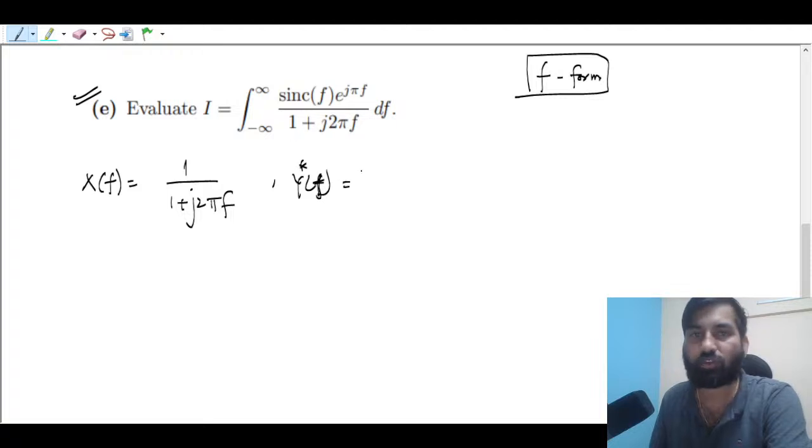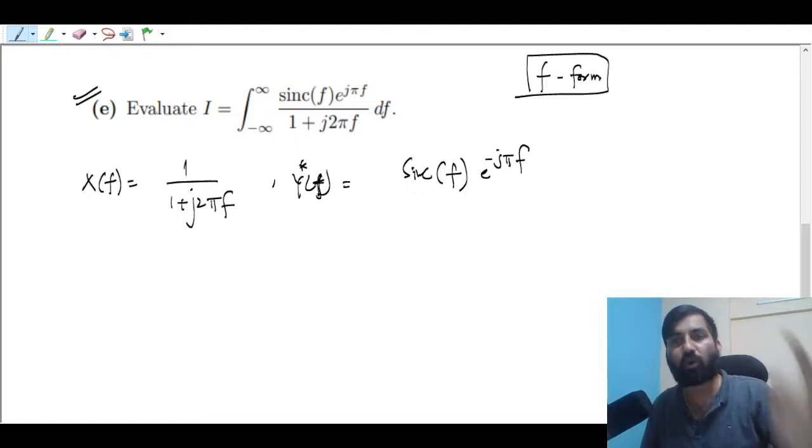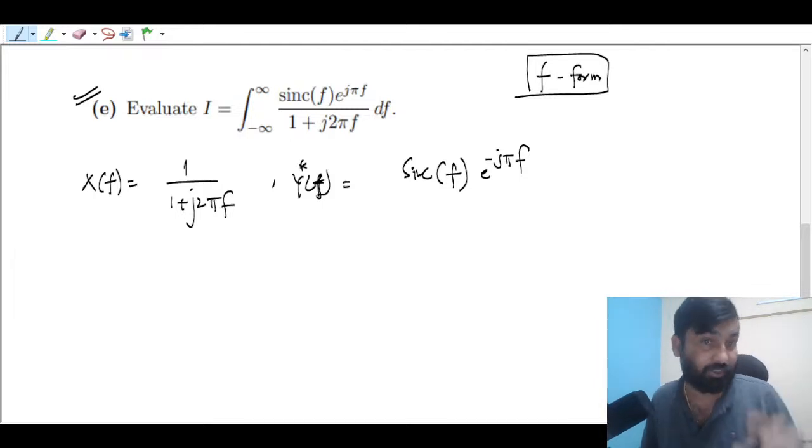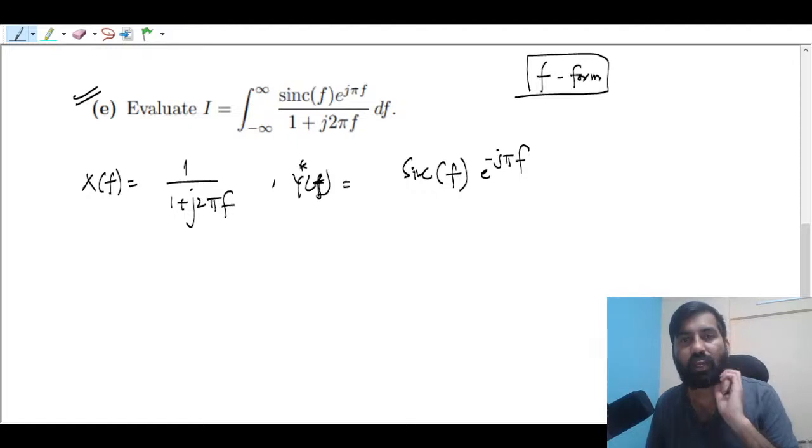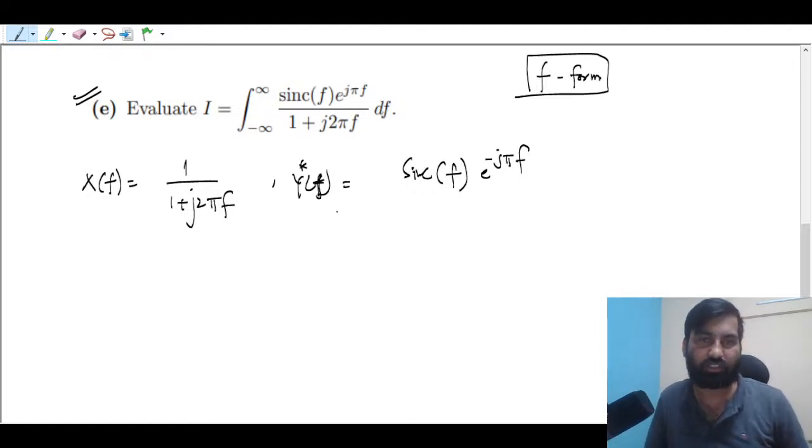So Y of f conjugate is going to be sinc f e^{minus j pi f}, because they have given plus j pi f, but if you take the conjugate here, it becomes minus j pi f. Understood?